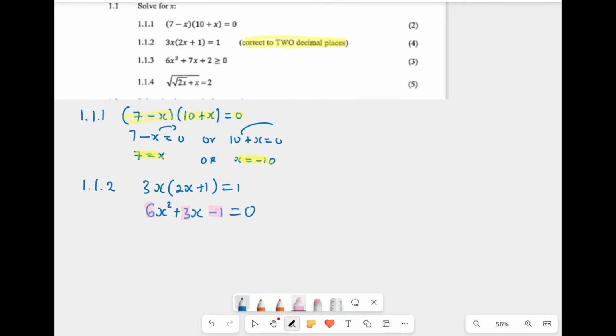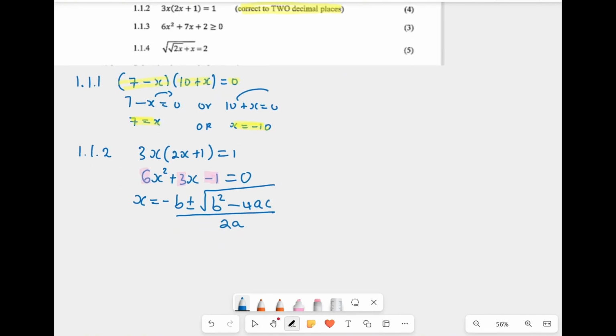And then from here, we can write our quadratic formula. For grade 11s, remember, it is not provided, but for grade 12, they do have the formula in their information sheet. So we have x is equal to minus b plus or minus square root of b squared minus 4ac all divided by 2a.